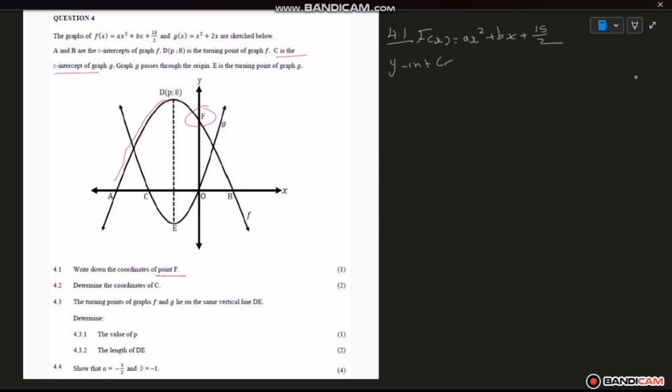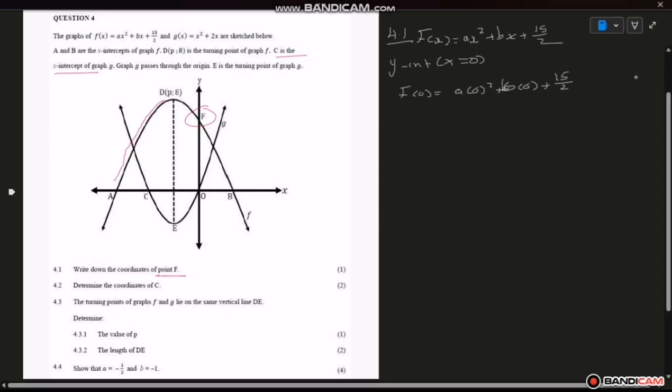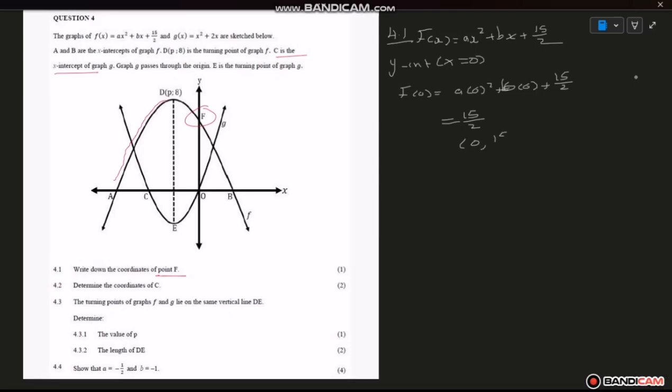For the y-intercept, you let x be 0, then you solve. When you substitute 0 where there's x, we have 0 plus 15/2. Then you punch your calculator and you're going to have 15/2. So the coordinates are 0, 15/2.